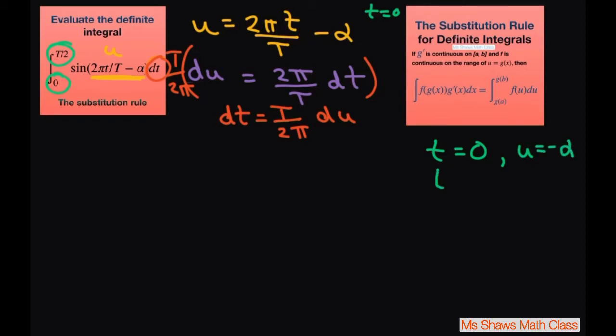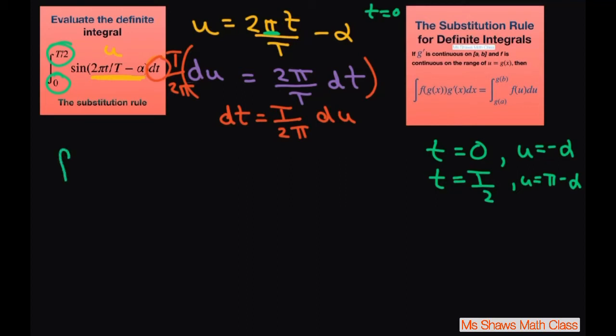And if t equals big T divided by 2, then u is going to be pi minus alpha, because the 2 and the big T will cancel, leaving just pi.